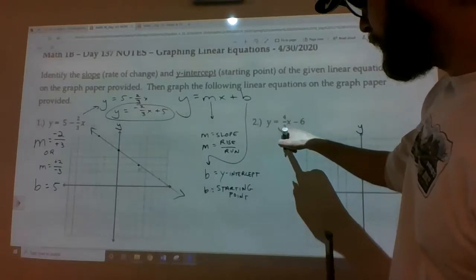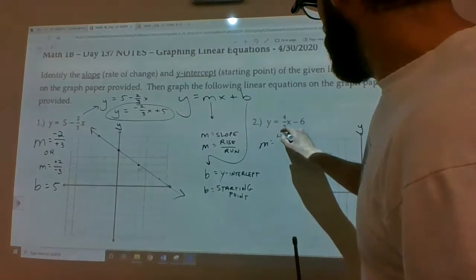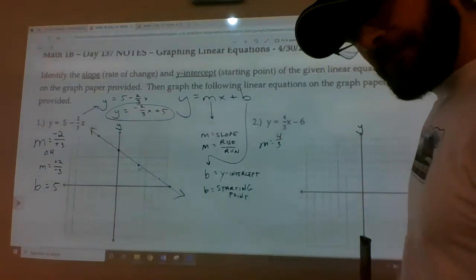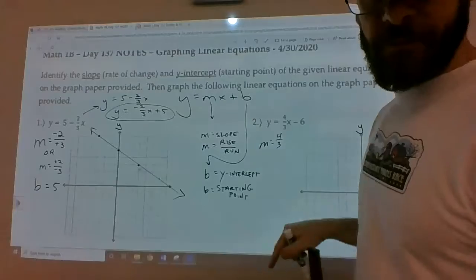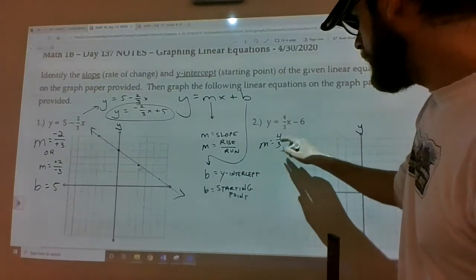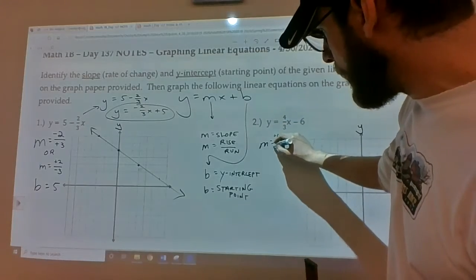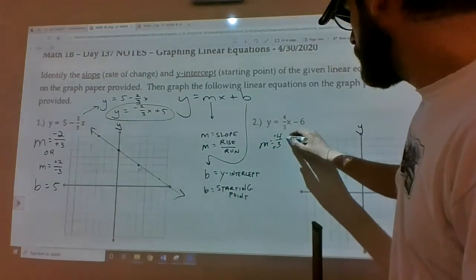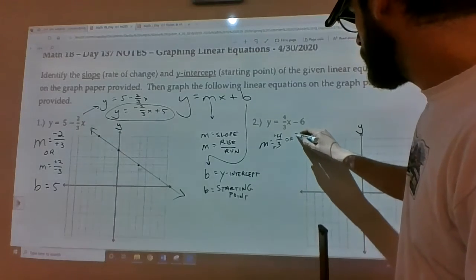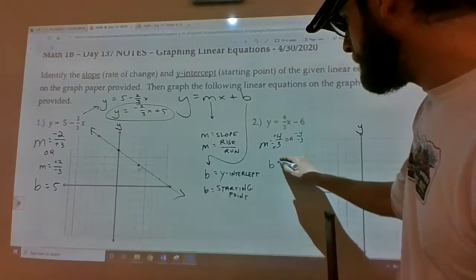Next one, y equals 4/3 x minus 6. Well, right away, it's already in slope-intercept form, so 4 over 3. By the way, that's slope-intercept form. M is equal to 4/3, which means it's a positive over a positive, or a negative over a negative. The b value is minus 6.